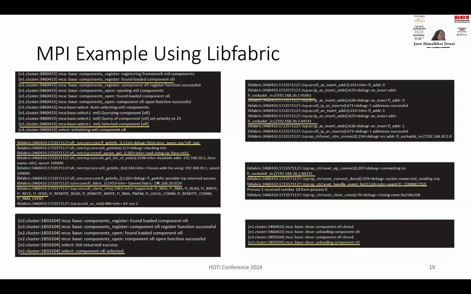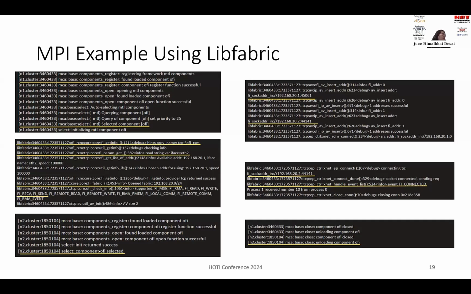Now, this fabric has a lot of capabilities that it can support, like FI message, read, write, send, receive. But we are only interested in send and receive, so we are going to use those capabilities here. Then it initializes the address vector. Since there are only two processes and two addresses, it initializes it to size 2.